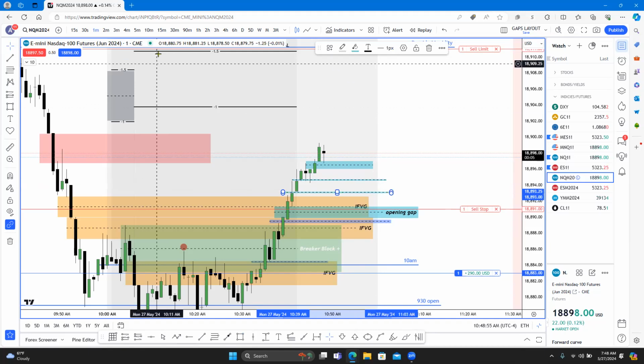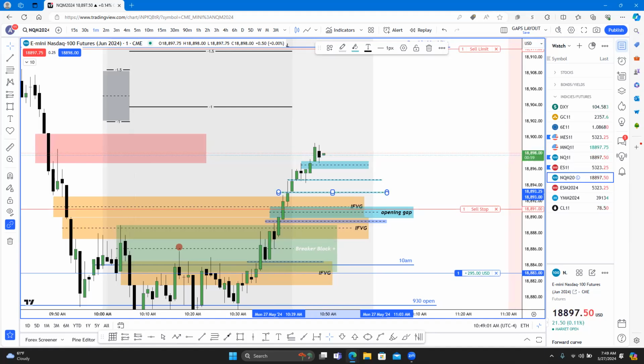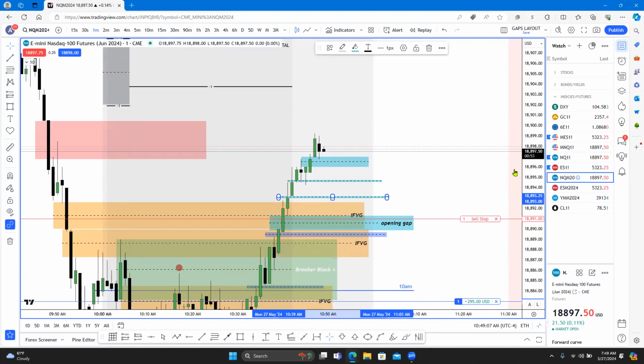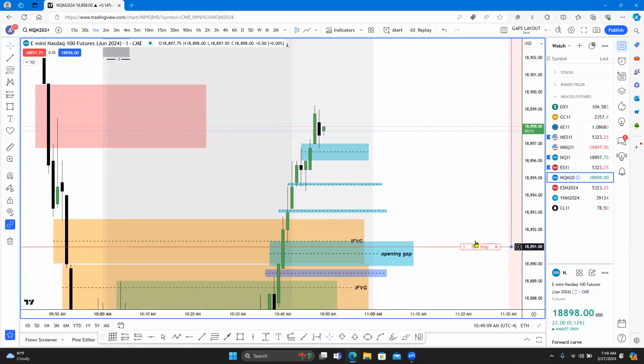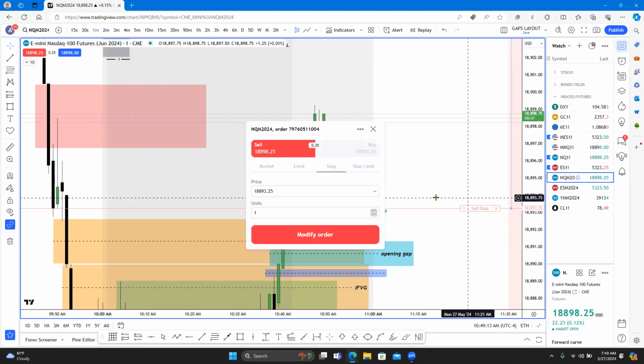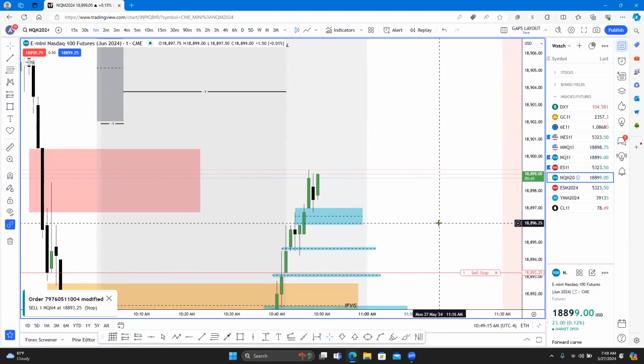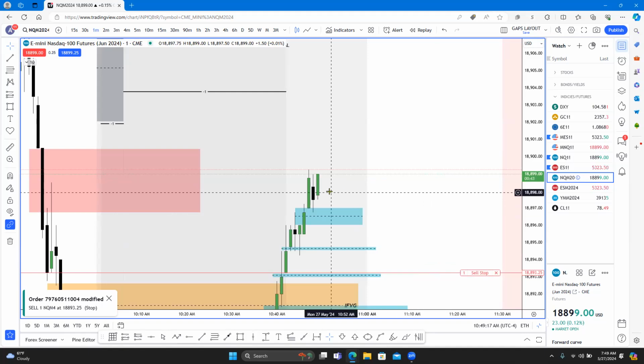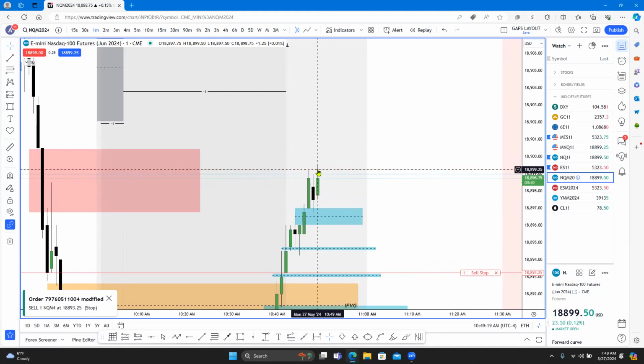Does it close today? At 12. Okay. So gonna move my stops up to underneath this volume imbalance. See how we react here.